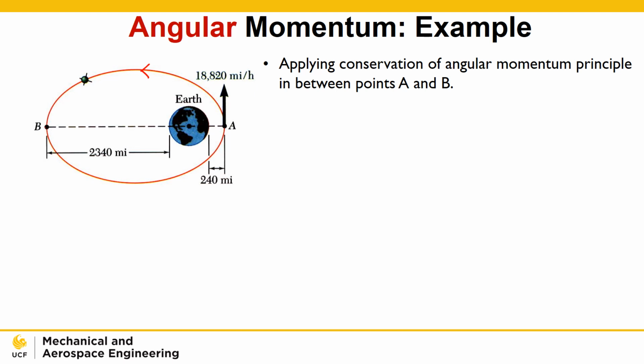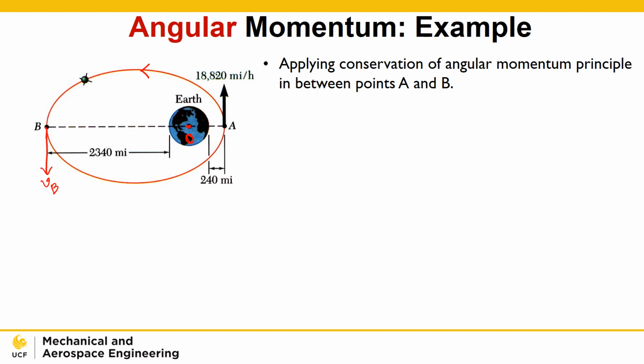When it reaches point B, the direction of velocity is along this direction. So we say that the angular momentum of the satellite is conserved between points A and B. Angular momentum is always calculated about a point. In this case, our point will be the center of the Earth, so we place our origin O at the center of the Earth.